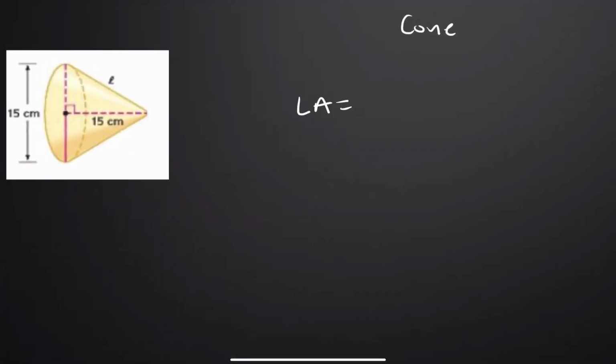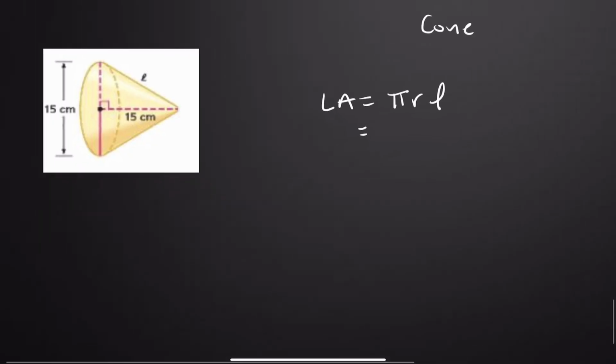So, the lateral area is pi RL. So what's the base of the figure? It's typically a circle when you're dealing with a cone. So the base of the figure is a circle.